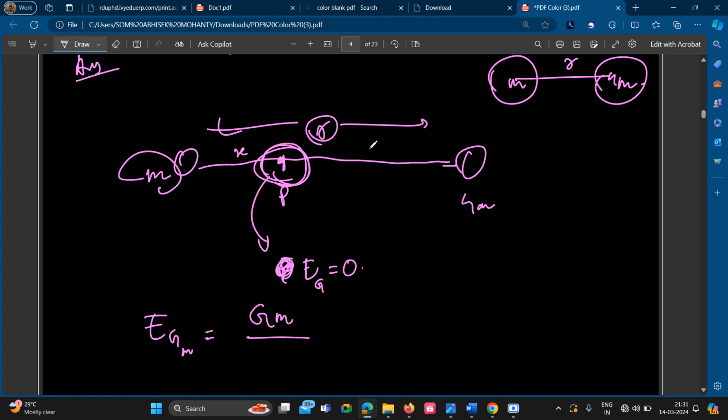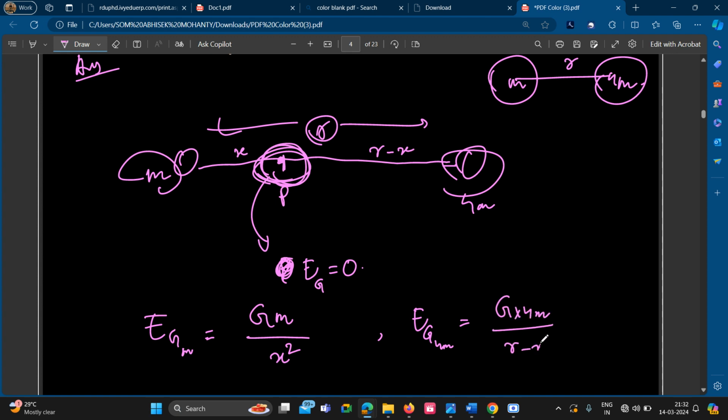This is X, this is R minus X. For my convenience, I'm doing it this way. Then gravitation field at P because of 4M will be Eg 4M, that will be G into 4M by R minus X whole square.